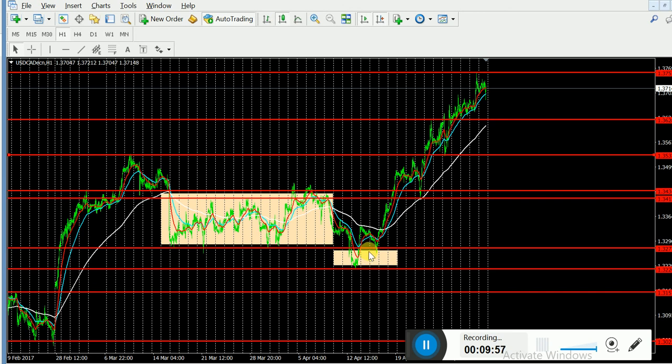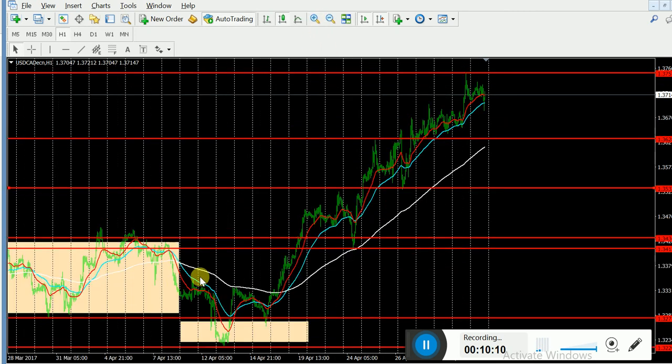Also, you'll get M's and W's at peaks of reversal before the trend takes off to the next level. For instance, here we have got a W painted. This is a W over 3 days. 1, 2, 3. I know that because I'm on the hour chart, and these separators separate the day.